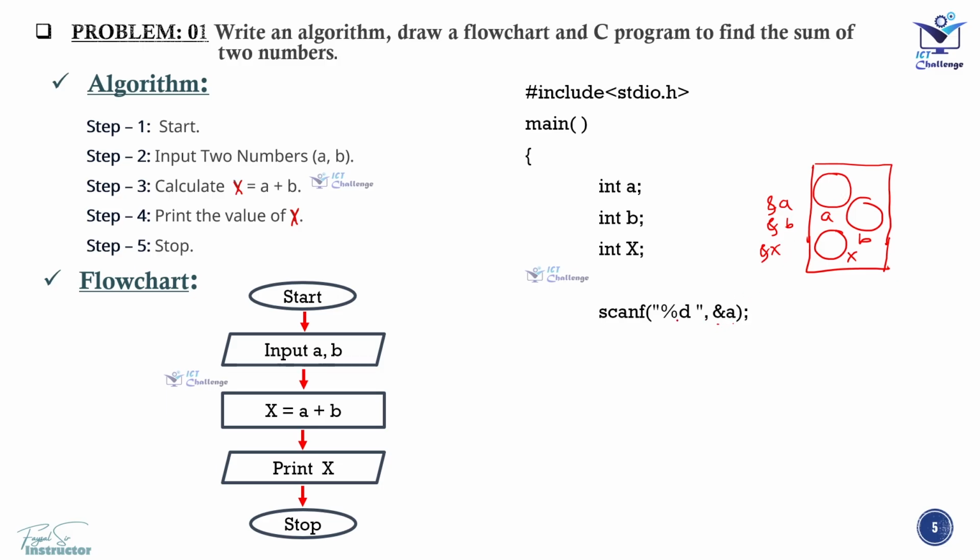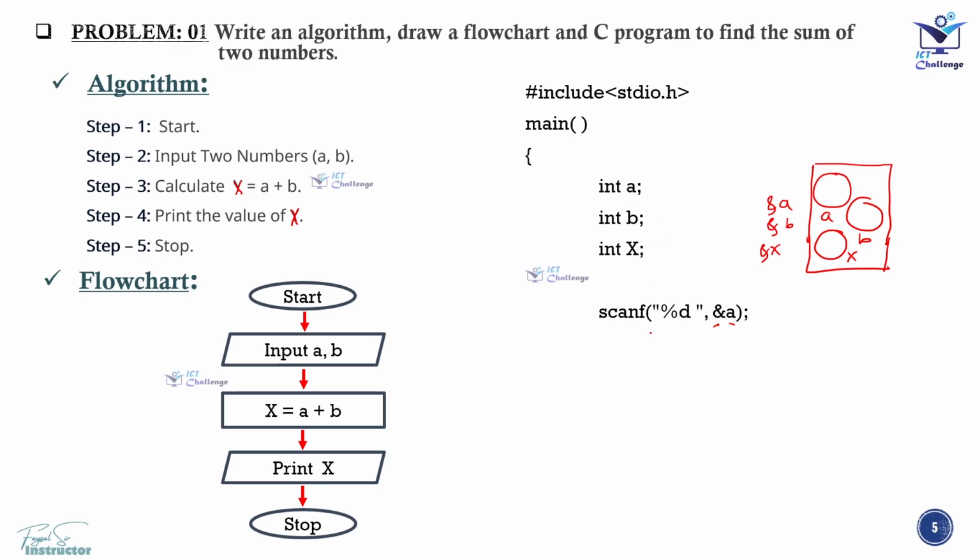That means please give my value to the location of a. Okay, so int a, when I declare this, or b or x, they always take the place from the hard disk, and after that I want to keep some value in this place. That's why I have to use the location of a. And percent d is the calling system to the variable.